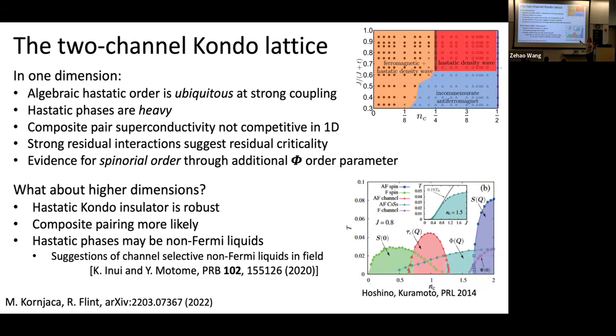It's probably there in 2 and 3 dimensions, especially right at quarter filling where it's an insulator and particularly stable. Composite pair superconductivity shows up at some point as you increase your number of dimensions. And there are indications that hastatic phases might be non-Fermi liquids in this paper by Inui and Matome, where they looked at channel selective non-Fermi liquids in magnetic field.